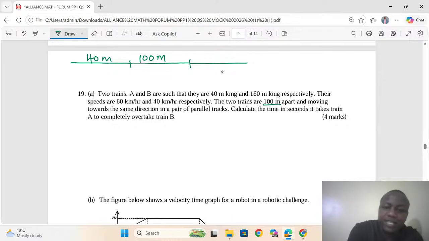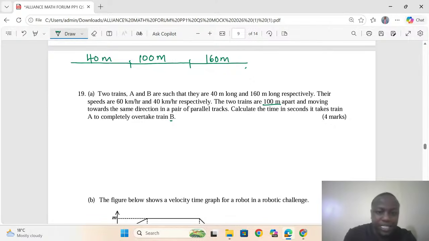Train B, 160 meters long. Like that. So, for train A to completely overtake train B, what distance is it supposed to cover? It is supposed to cover the 100 between them, the 160 distance of B, then again a distance equal to itself so that it may completely overtake.